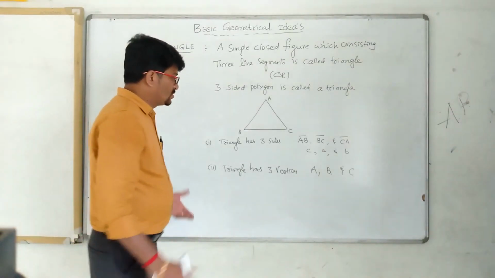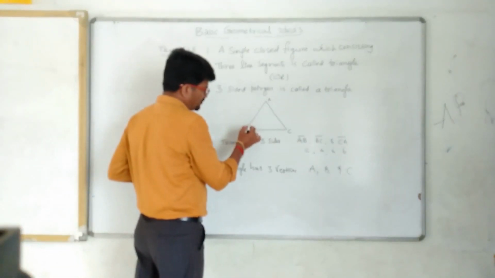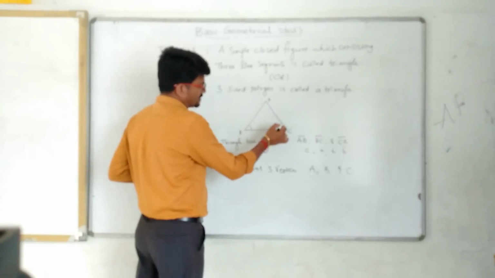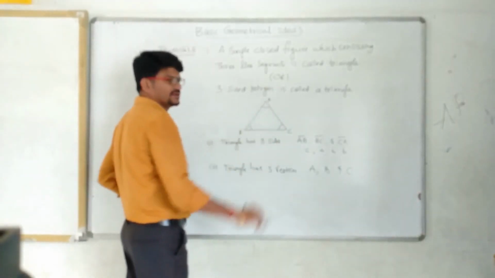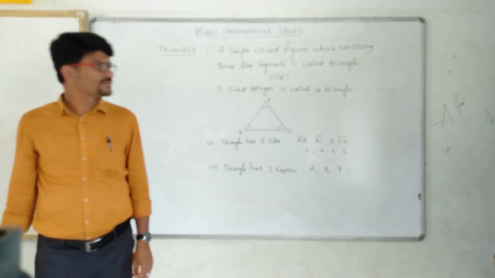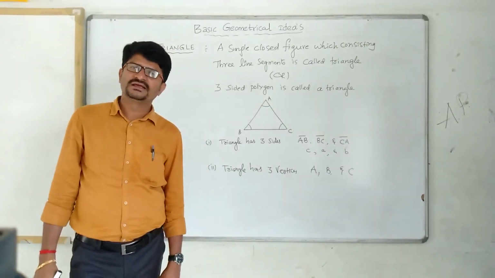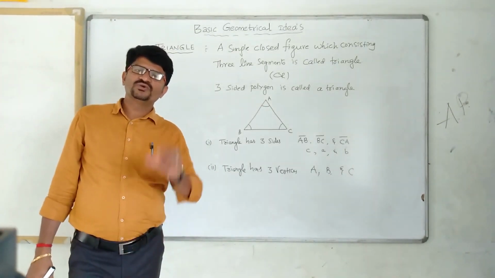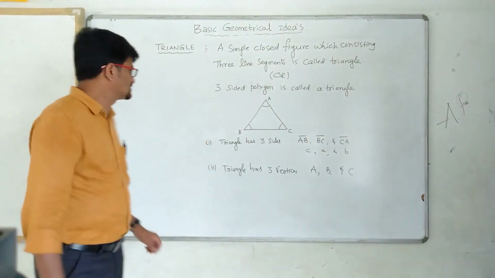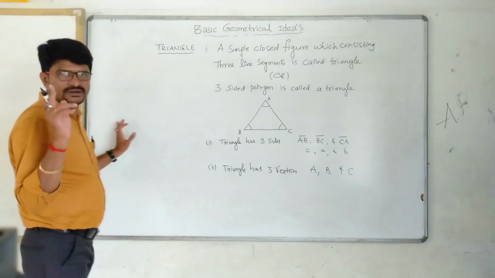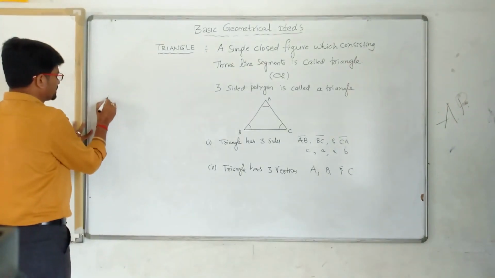And one more component of a triangle is angles. Now, what is an angle? An angle is nothing but the union of two rays with a common vertex.